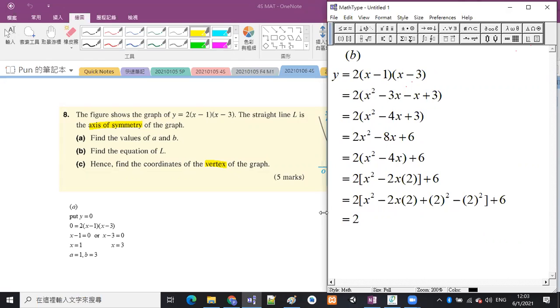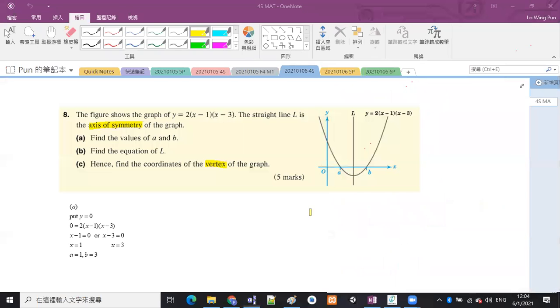And then the first 3 terms will form a perfect square, x minus 2 bracket squared, and then minus 4 plus 6. And then multiply the 2. 2 times x minus 2 squared minus 8 plus 6. Finally, just calculate the constant term here. So this is the AHK form.